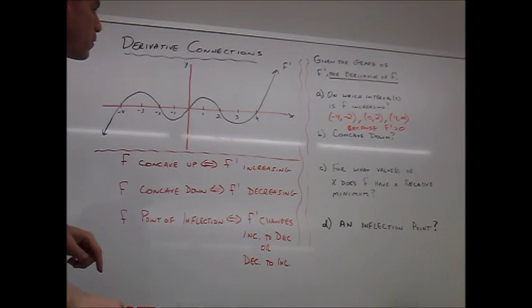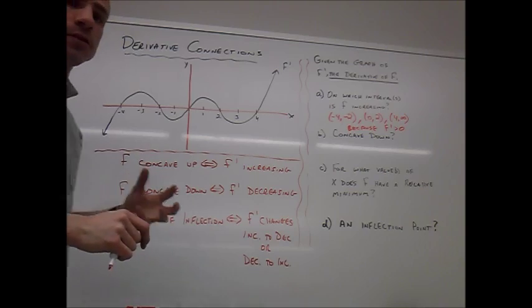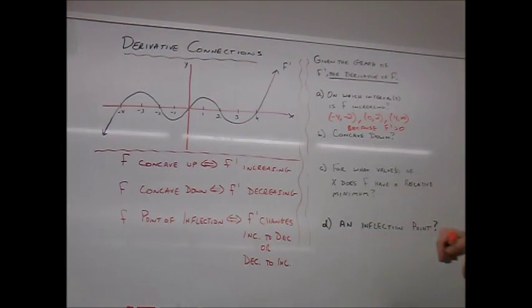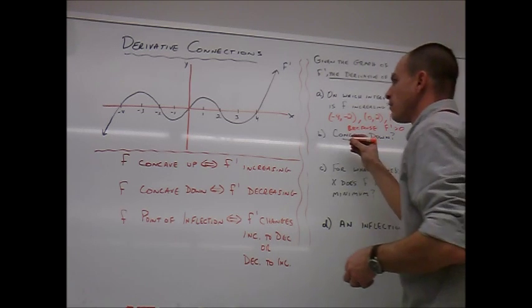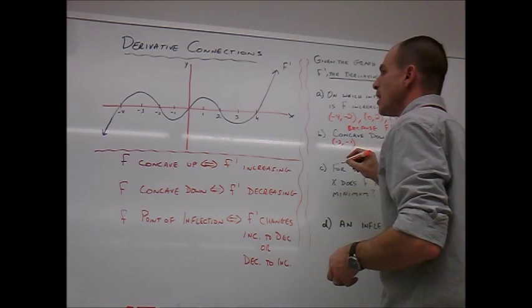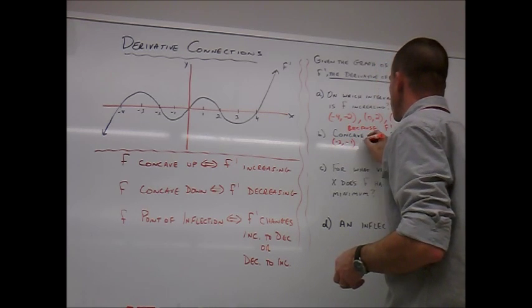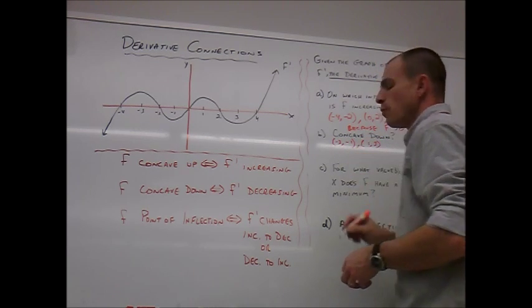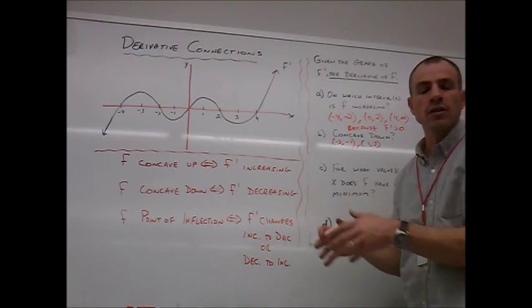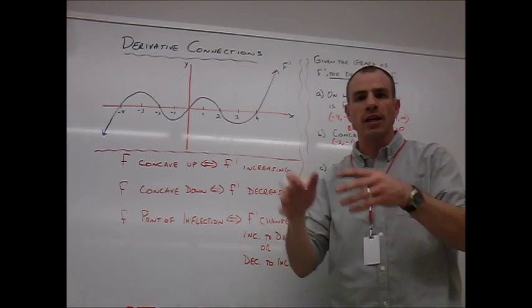On those two intervals, the graph of the derivative is decreasing. Therefore, the function will be concave down. So from -3 to -1, and also from 1 to 3. On those two intervals, and again, I've written these intervals using the parentheses, brackets notation. You can write them with the less thans and everything, that's fine.